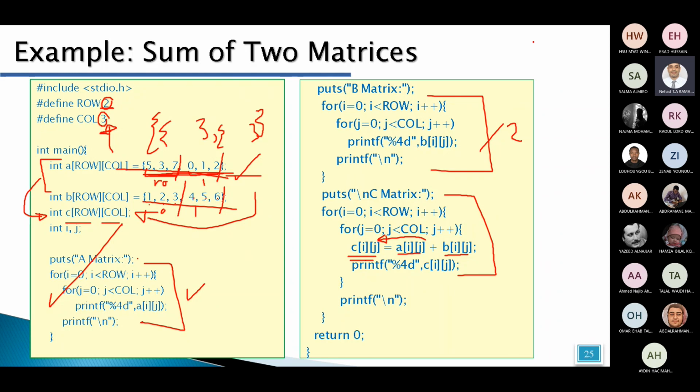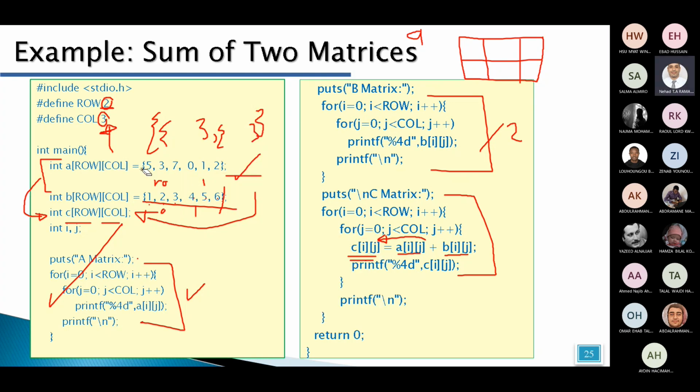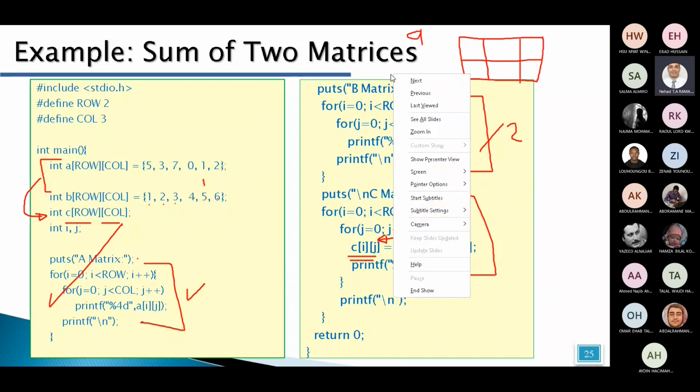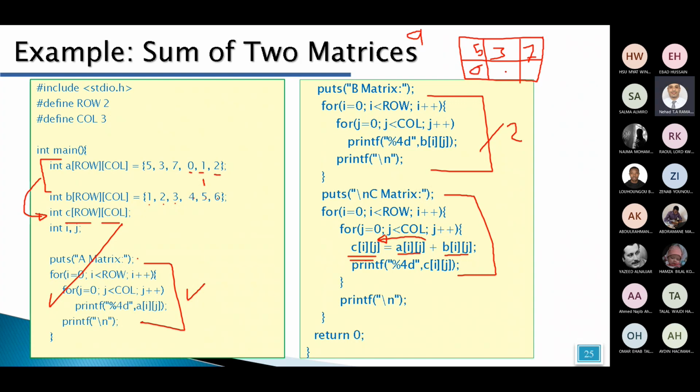You can imagine it like this. We have this matrix A with the 3 columns. So the elements, let me just clear this part. Okay, the elements in order: 5, 3, 7, then 0, 1, 2.